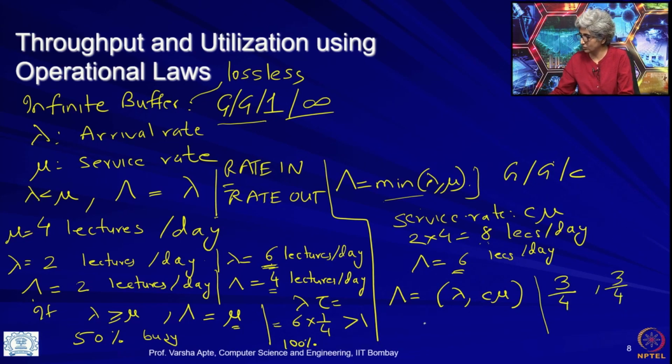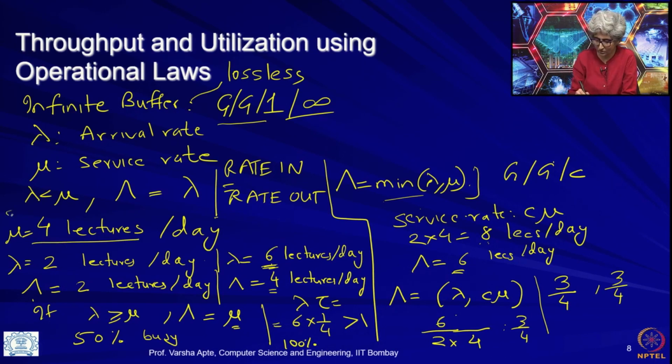What did you do here? You took 6 and divided it by 2 because there are 2 of you, and then also divided it by 8. That is how you got 3 by 4. Your capacity is still 4 lectures per day each; total 6 lectures were coming, but you are doing 3. So, 3 by 4 is what your busyness is.